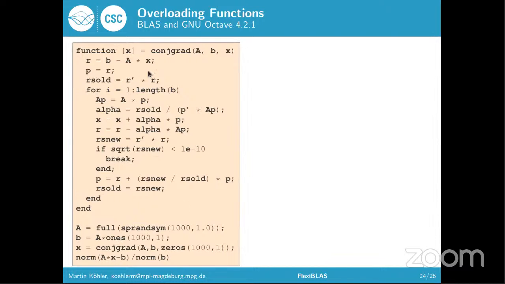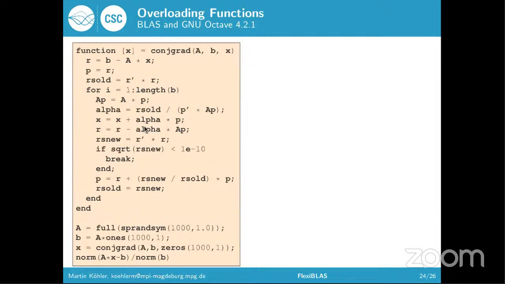It consists only of matrix vector operations. So A is a matrix, B is a vector, X is a vector as well. So we have here a matrix product. Here, a scalar product of the vector with itself. Here, a scalar product of two vectors. Here, a matrix product.